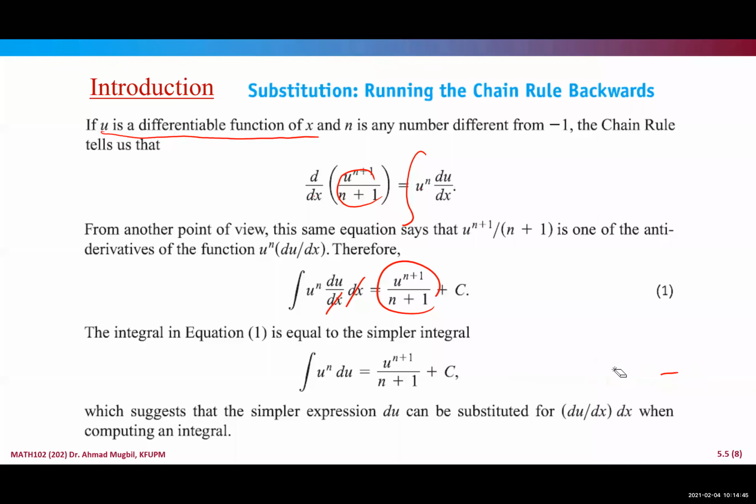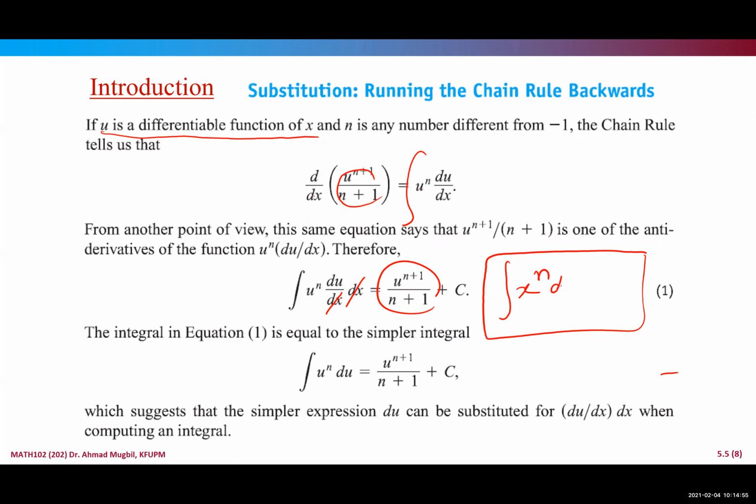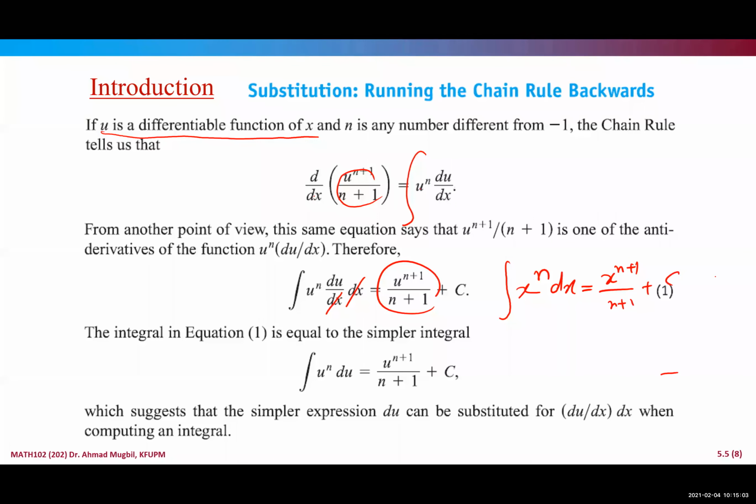This is just a generalization of the power rule that we studied before: the integral of x to the power n dx equals x to the power n plus 1 over n plus 1, plus c. Here we have x dx; here we have u du.